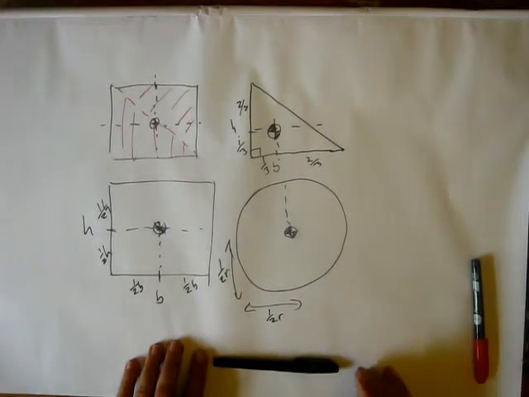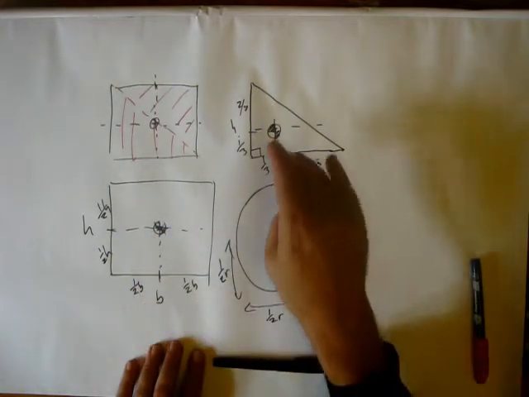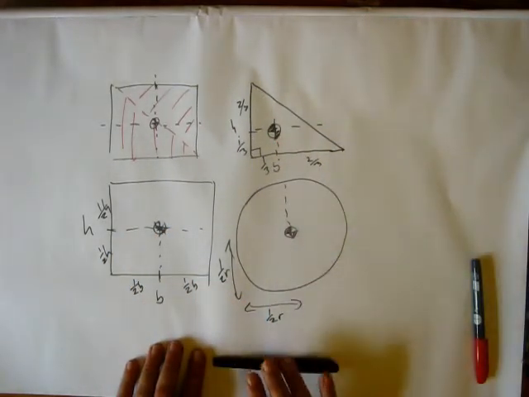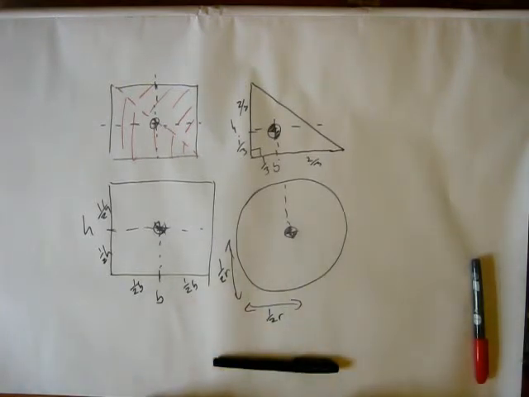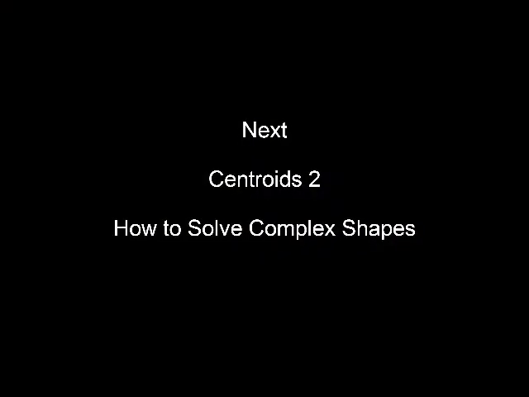So the three that you do have to remember for this course are rectangles and squares, triangles, and circles. Next one, we'll start dealing with the general approach for working out centroids of more complex shapes.